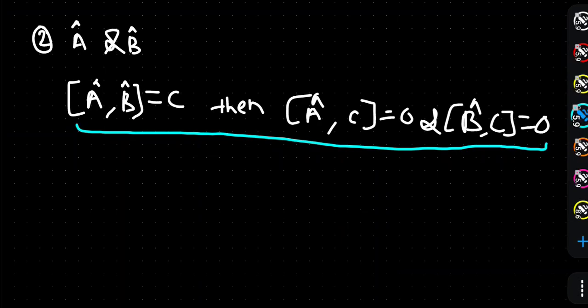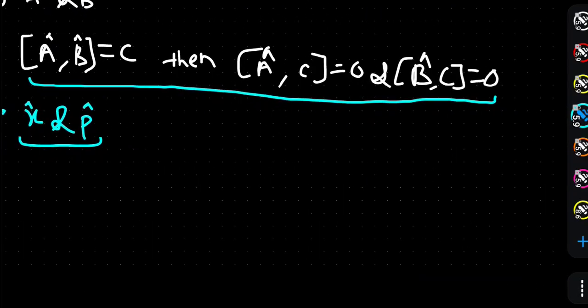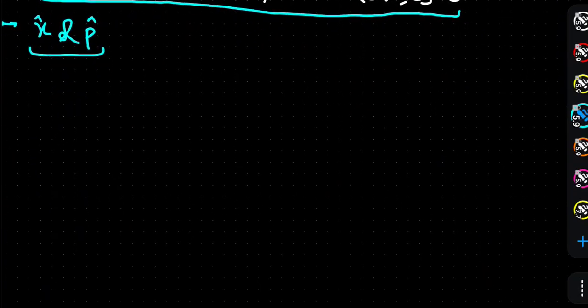I'm going to prove this result with the help of an example, which is again a very famous relationship, the one between the momentum and the position operators. We all know this very famous result, that the commutation relationship between the position and the momentum operator equals iota h bar.